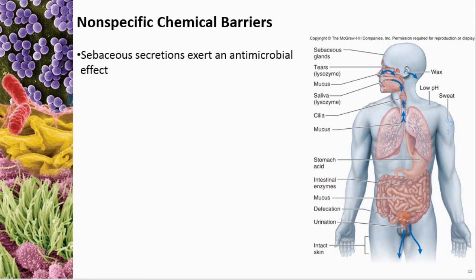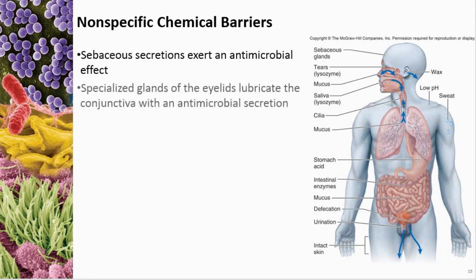It's an oily liquid that is secreted, more so on your face. That's why your face gets greasy. But really all over, everywhere pretty much besides the palms of your hands and the soles of your feet. I'm pretty sure there's not any sebaceous glands on those two areas. But the secretions from the sebaceous glands just make it difficult for colonization of bacteria and fungi.